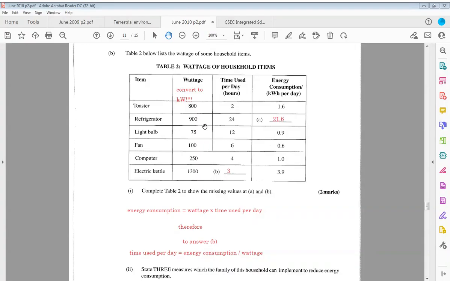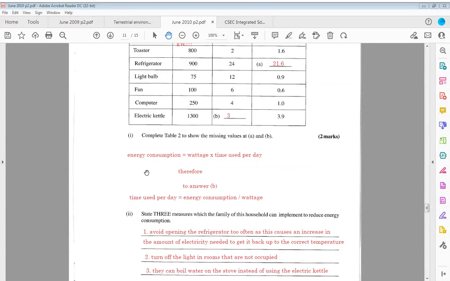So how would we find this? The energy consumption is wattage, which will convert to kilowatts, multiplied by the time used per day. So it's going to be 0.9 multiplied by 24, which will give us 21.6. And for B, we had to find out the time used. So I just wrote a little formula on the bottom here.